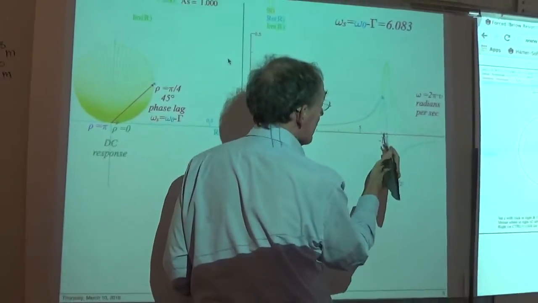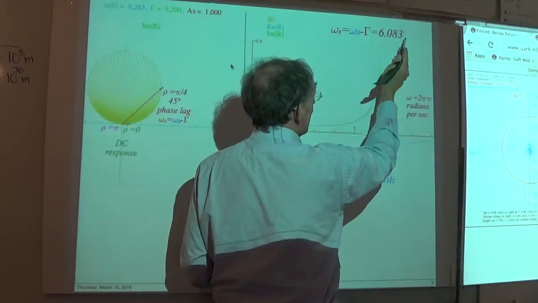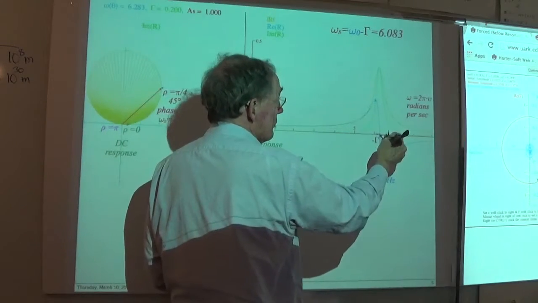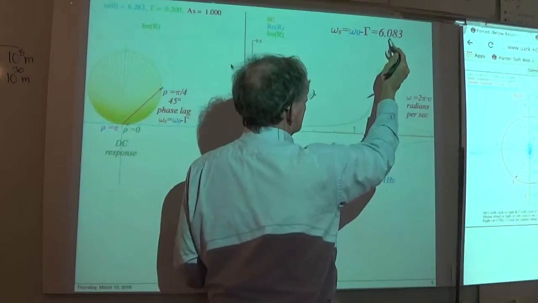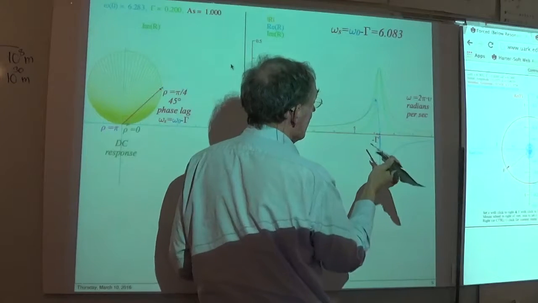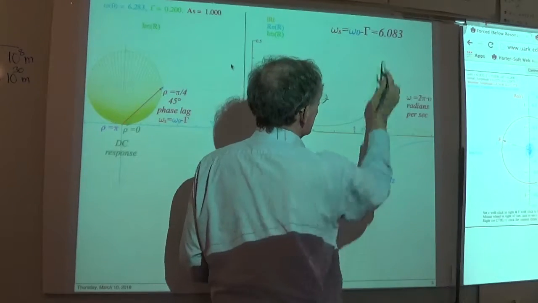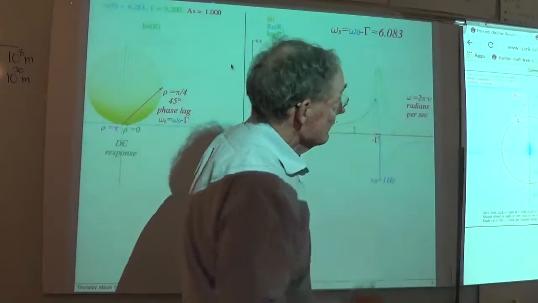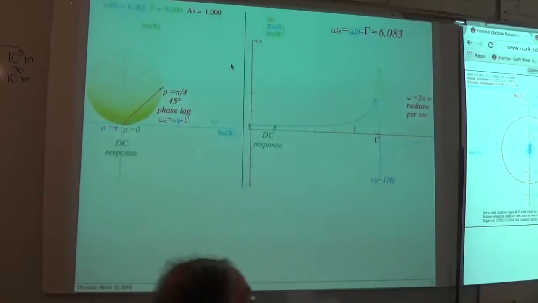I'm going to be right here at not 6.283, that's 2 pi, which is resonance in radians per second at 1 hertz, right? And here I'm going to have it be 0.2 less than that, so that's the actual number that I want to try to set in this example here. So let me go over and do that.